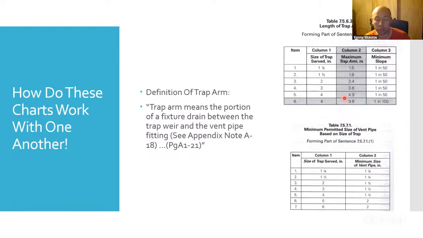Okay, so there's no formula for that, Denver. That is what is given to us. From what I understand, there's a rule in the plumbing code book that basically says you cannot exceed two times the trap diameter of fall on a trap arm.